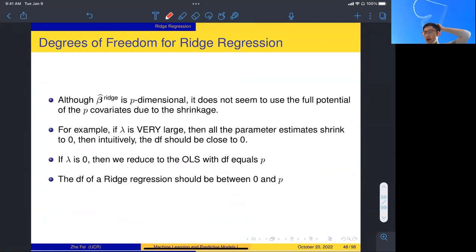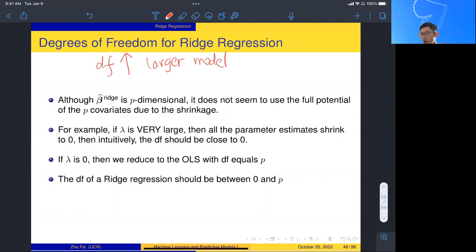Degrees of freedom. Remember, degrees of freedom measures our model size, or the complexity of the model. When your degrees of freedom is larger, that means it's a larger model.